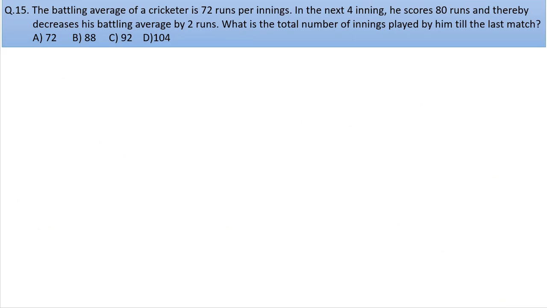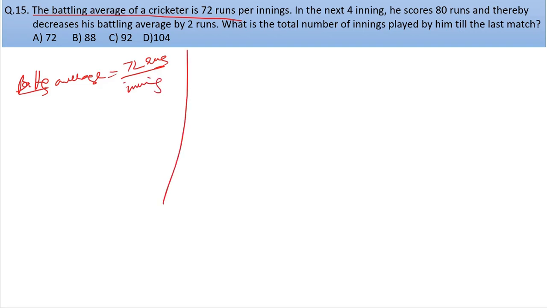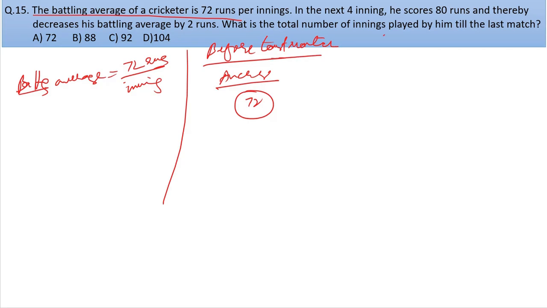Question number 15 is also the same case. The batting average is 22 runs per innings, and then we have last match here. Its batting average was 22 here, and this one is before last match, and this one is last match.